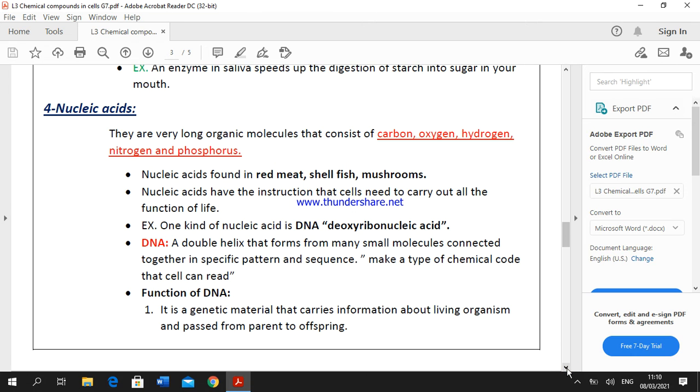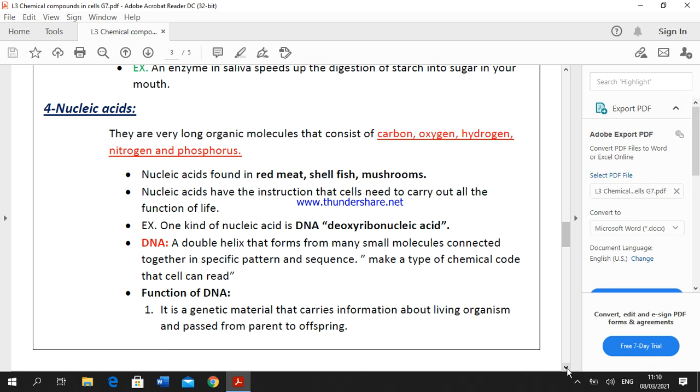Their function is to help in the formation of the genetic material called DNA, which is carried on the chromosomes found inside the cell nucleus. And they help chromosomes or DNA produce the instructions that the cell needs to carry out all functions of life.